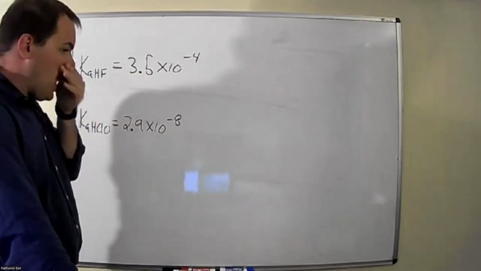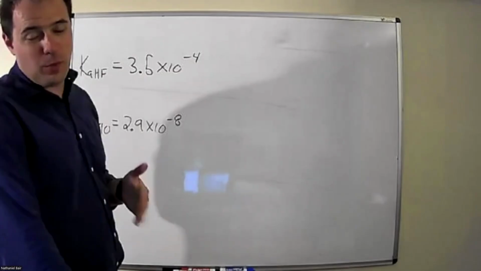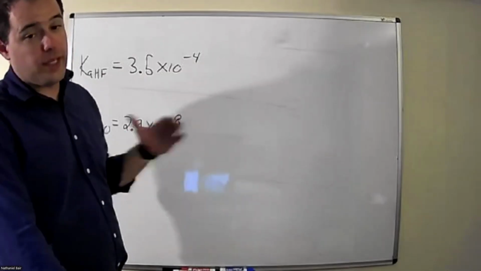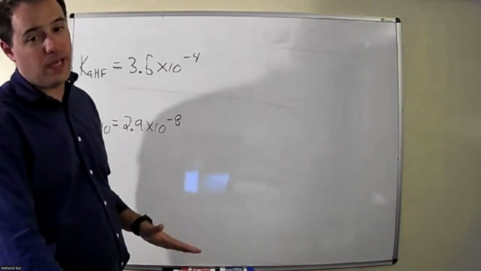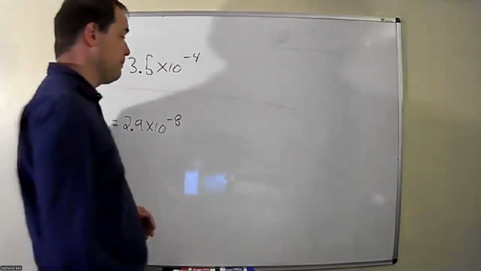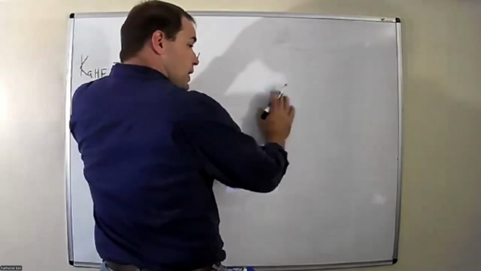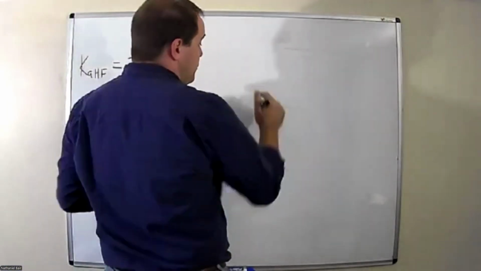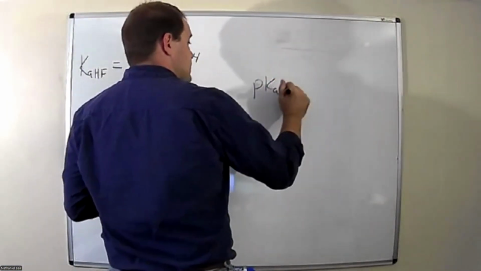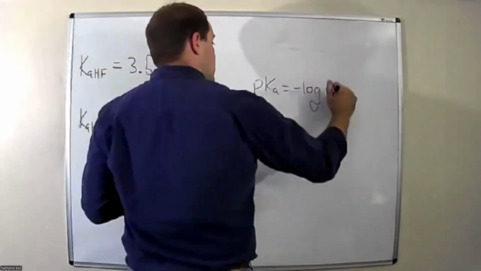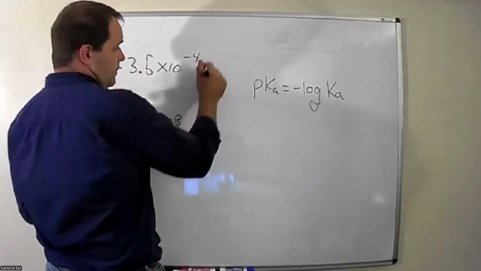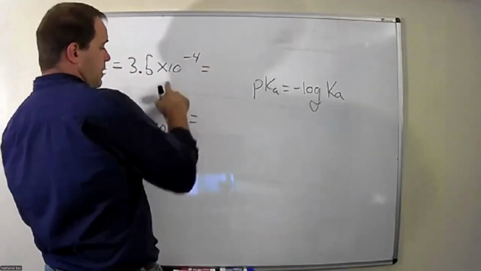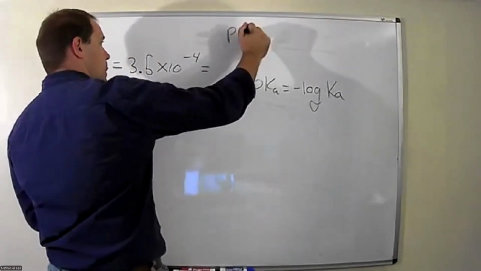Now, if you're not good with scientific notation, which is why the pH scale was invented, you could take the negative log of the Ka values, and the one with the lower, what's called pKa, is going to be the stronger acid. I'll show you. Just like pH was negative log H plus, the pKa is the negative log of the Ka.